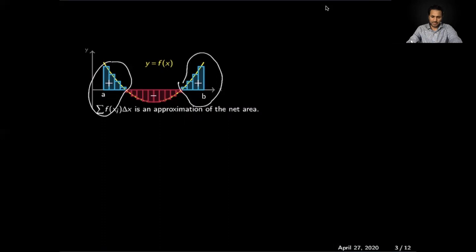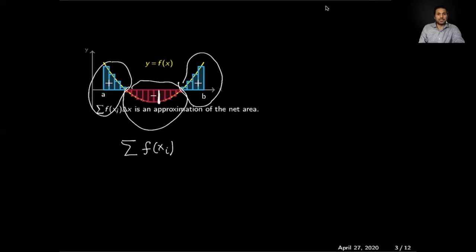However, the height of the rectangle is determined by the y value of the function. So here, when you calculate the y value, it will be negative. So this portion will be a negative area. And if you calculate this sum, it will not give you simply the area under the graph of the function. It is going to give us the net area.